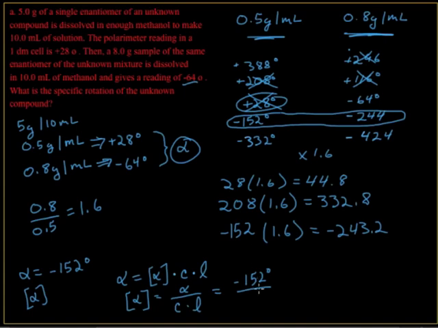That was 0.5. And then the length was 1 decimeter. So negative 152 divided by 0.5, that's going to be what? 304. Okay. So that's our answer for the specific rotation.